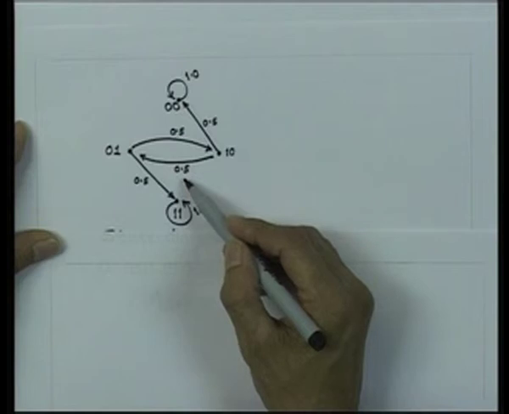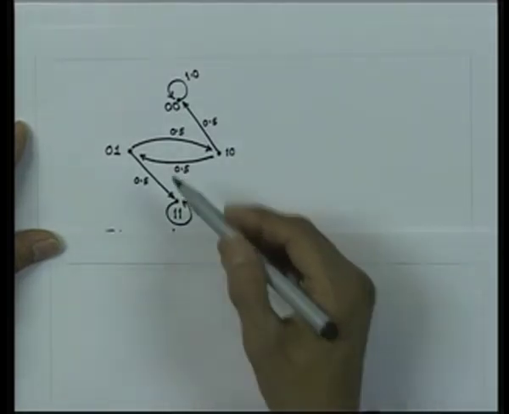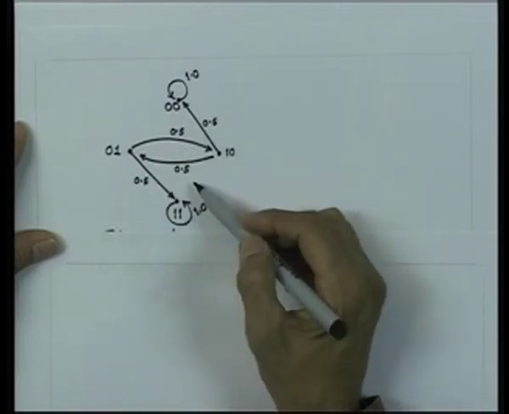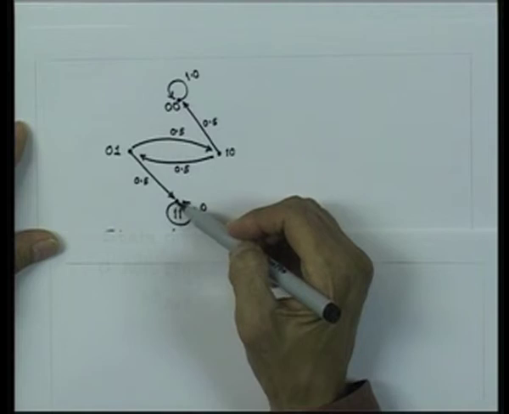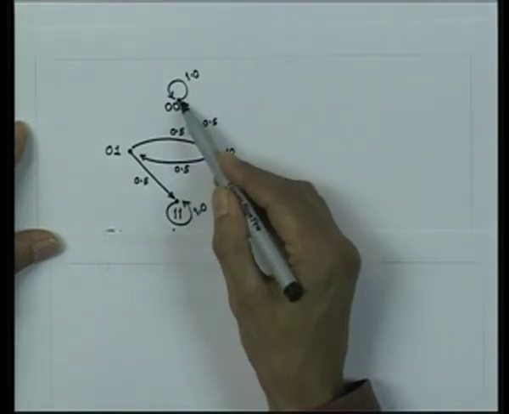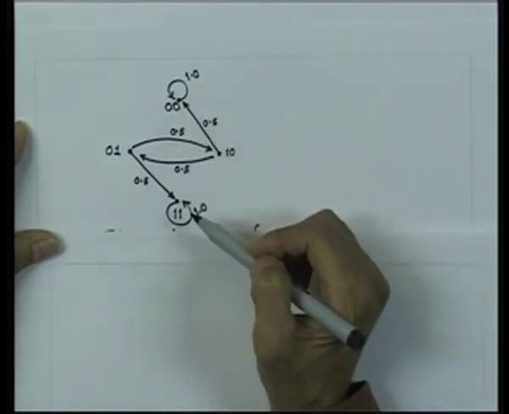So, what is the difference between this source and the earlier source which we saw? We find that in this source, once I am in this state or this state, it is not possible for me to come out of these states, whereas that was not true in the previous case.